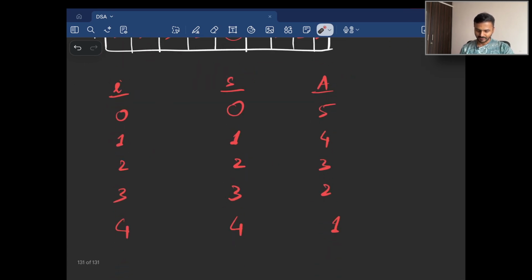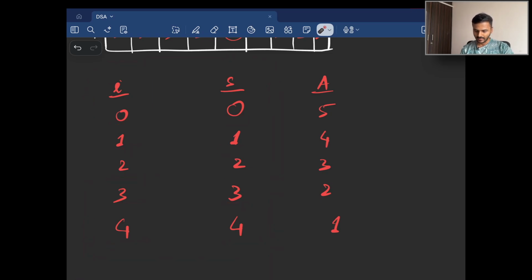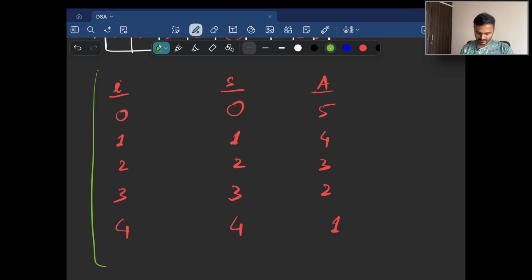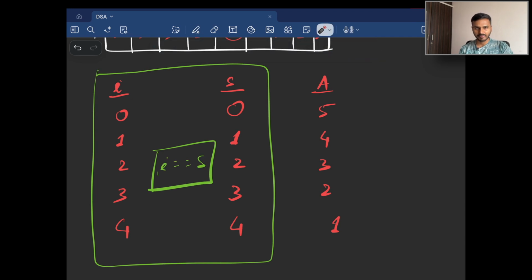So with this clear, let's try to figure out a relation between the value of I and the number of spaces, S, that we're supposed to print for that value of I. If you notice, you would see a clear relation between I and S, and that relation is that I is equal to S. That is, the number of spaces we print at the beginning of any row is equal to the row number, considering that we start from 0 and go all the way up to n minus 1.